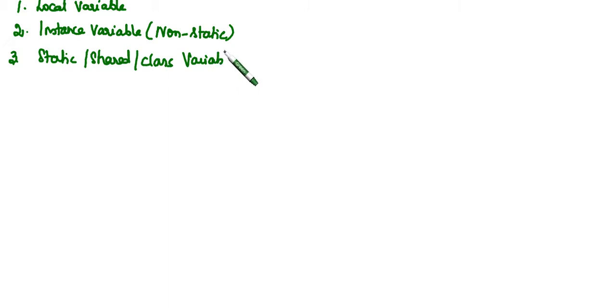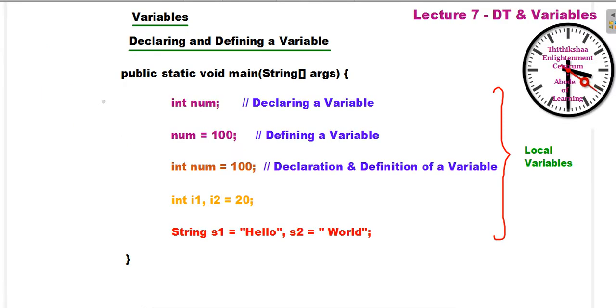We will see in a program. Say for example I have a class A, and here I am giving int sum is equal to 100. Before that we will see how to declare and define a variable. Here I have shown how to declare a variable: int num. This is the data type, and this is the name of the variable.